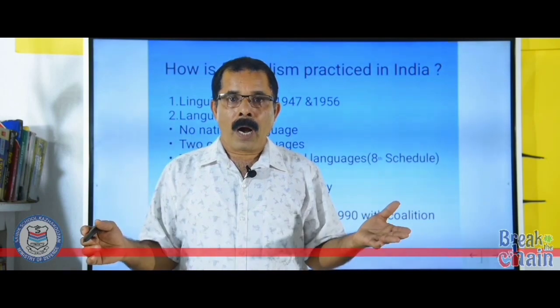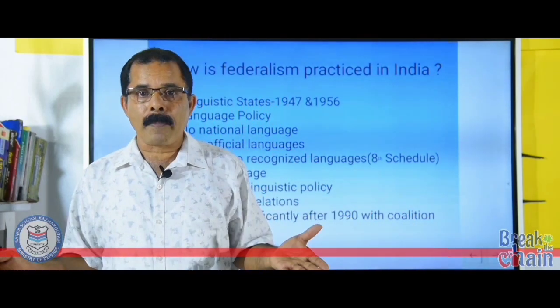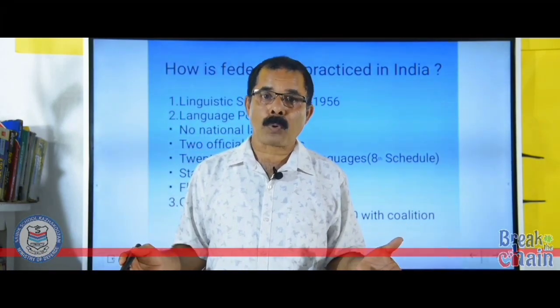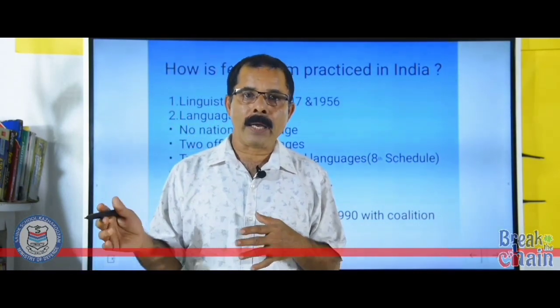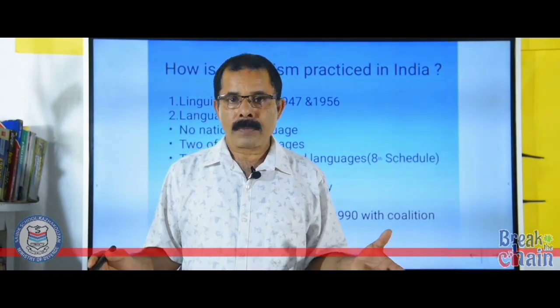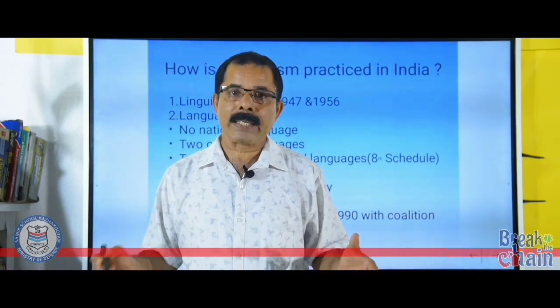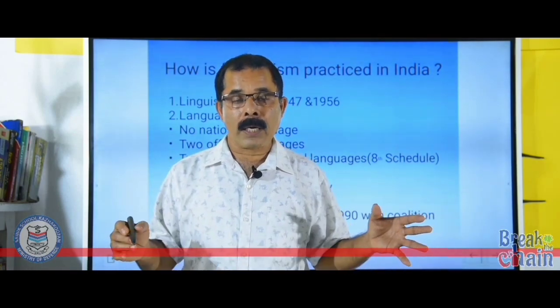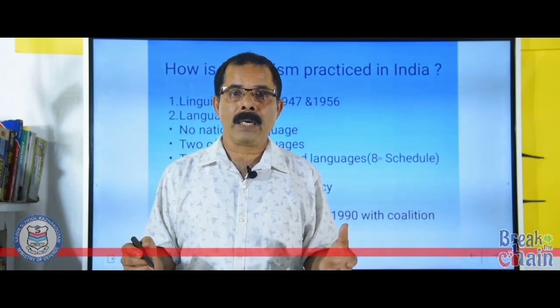And you see, after 1990 we had either the UPA government or the NDA government. UPA means United Progressive Alliance, a combination of political parties led by the Indian National Congress. The other side is the NDA, National Democratic Alliance, again a group of political parties under the leadership of the BJP or Bharatiya Janata Party.